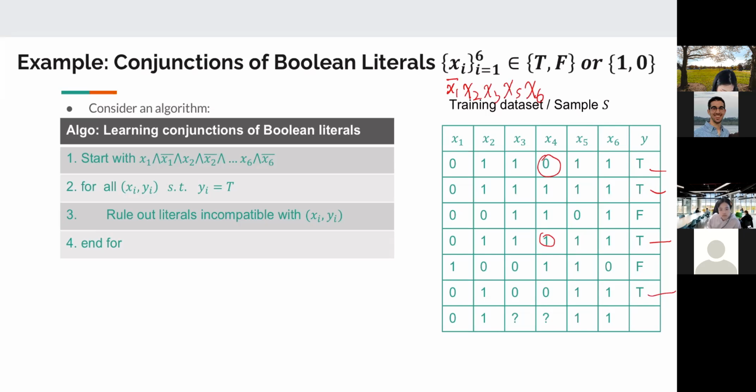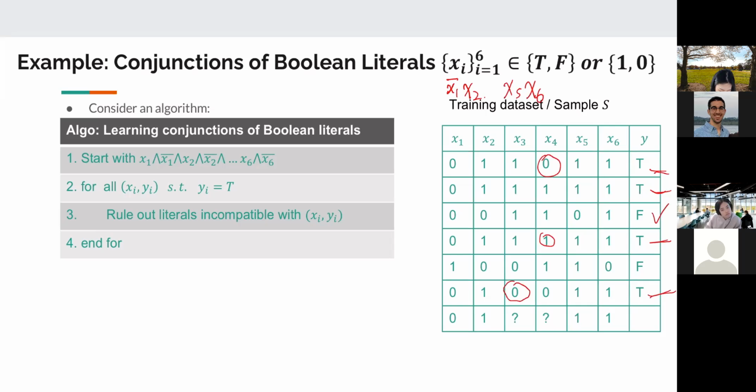This example has a conflict with x3, so I should rule out x3, right? Do people see what I'm doing? x4 is already ruled out, x5 and x6, I don't know how to rule out. So from the positive examples, this is what I'm getting.